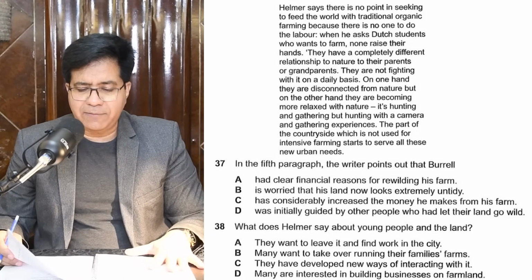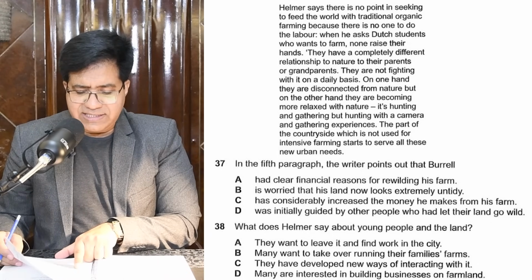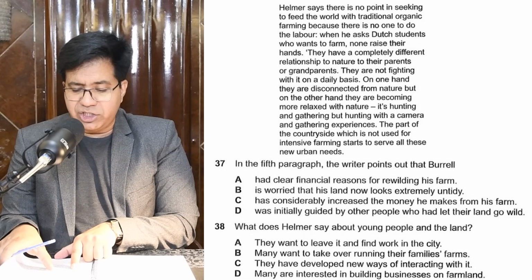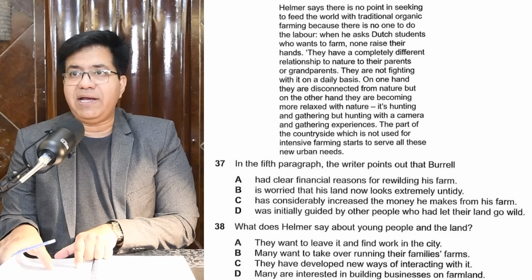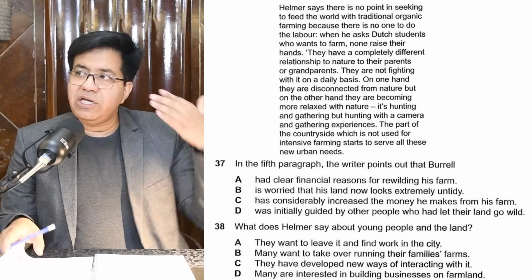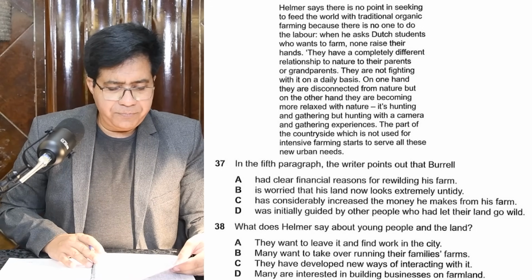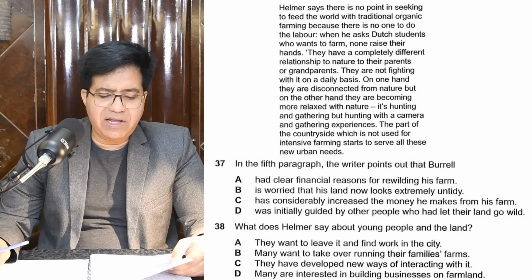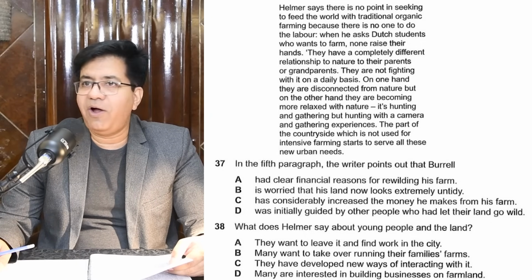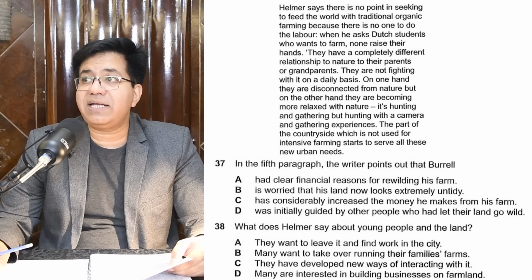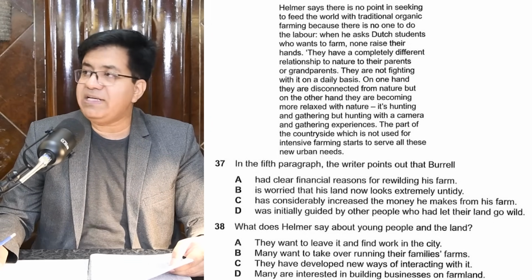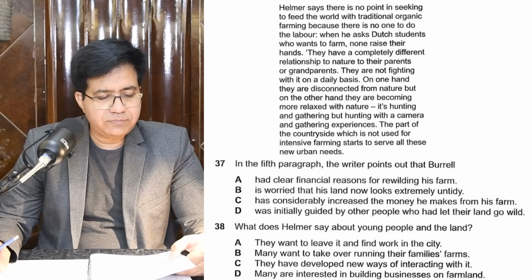And what is for that? For new ways of interacting, they said they have a completely different relationship to nature, to their parents or grandparents. Now, different relationship means new way of interacting with it. Option D, many are interested in building businesses on farmland. Not mentioned at all. So correct answer is option C, they have developed new ways of interacting with it.